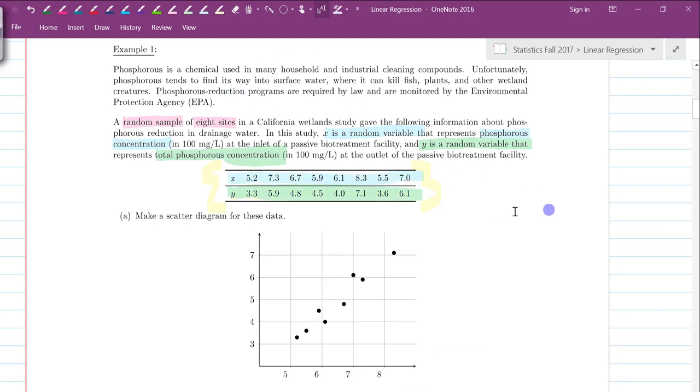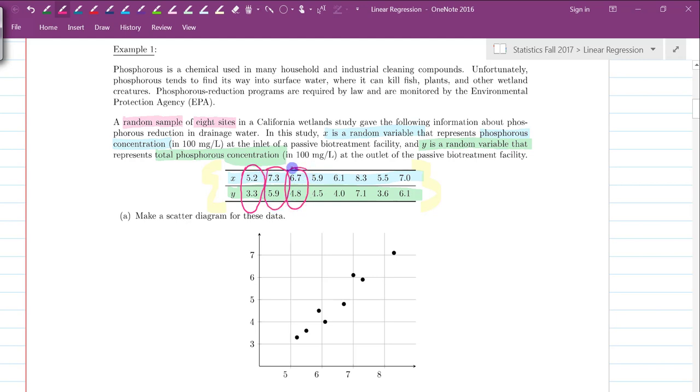Now we're going to go ahead and I re-highlighted blue for the independent and green for the dependent variable colors. We're going to go ahead and create our ordered pairs, and we're going to plot each of these. It's extremely important that these are given as a matched pair, that you keep them matched together.